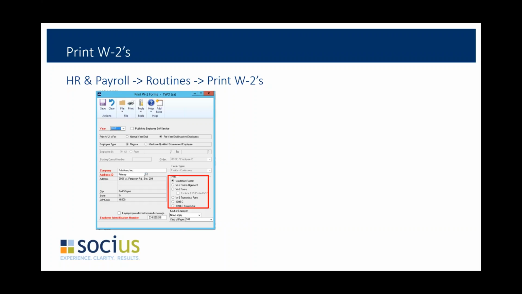There is the W-2 forms alignment, which I think is rarely used anymore, but it really was meant to produce an alignment form if you had a dot matrix printer, to make sure everything was printing the way it should. And then you'll notice there are the W-2 forms themselves, and lastly, the W-3 transmittal form.